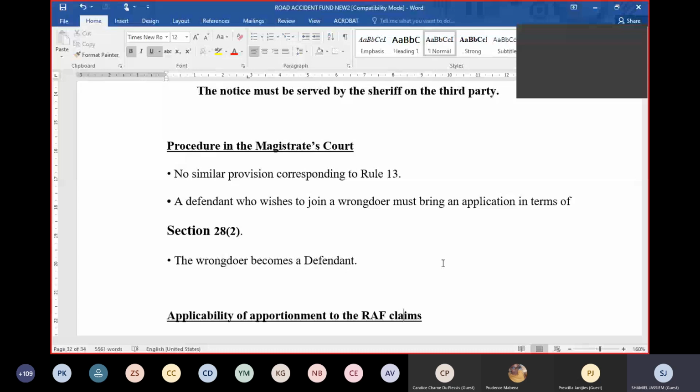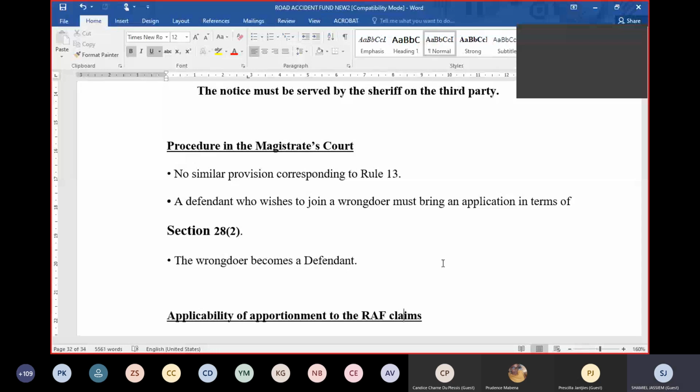I sustained bodily injuries. I now lodged a claim against the RAF and I caused a summons to be served on the RAF. So I'm the plaintiff and the RAF is the defendant.